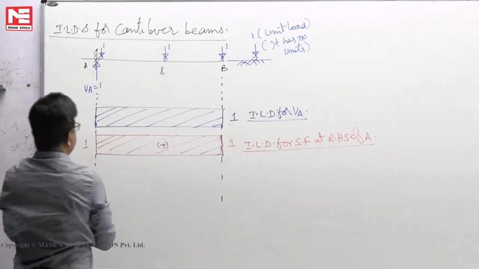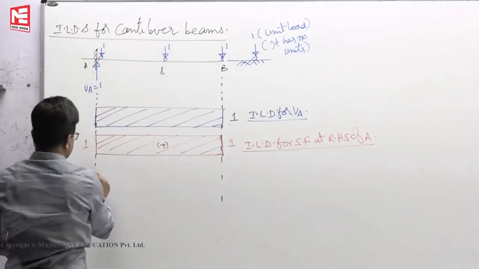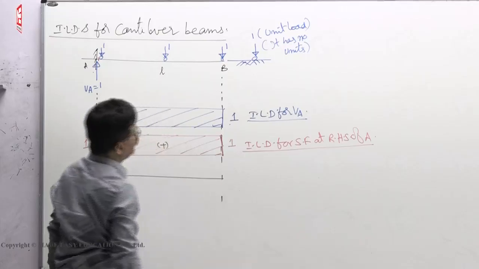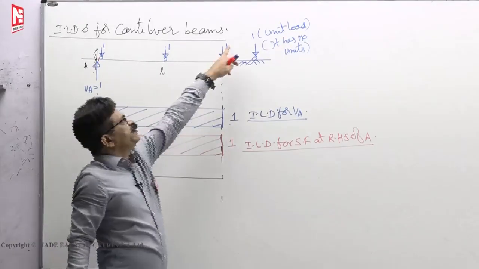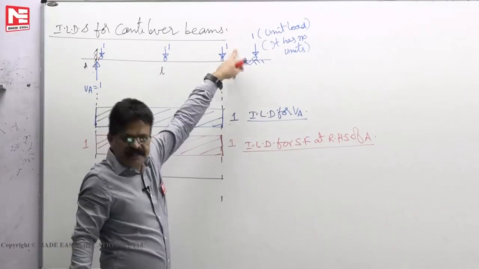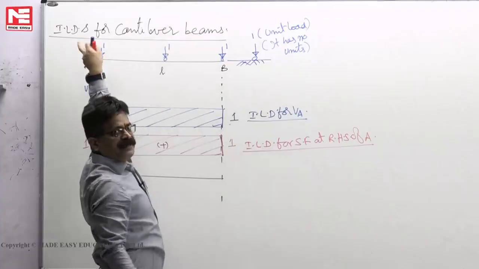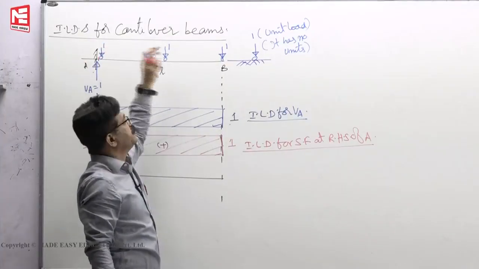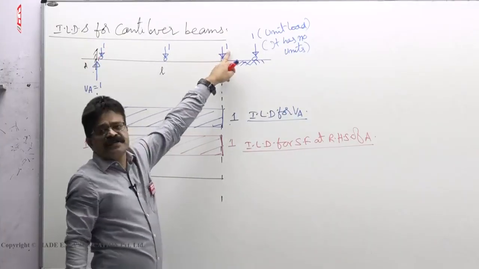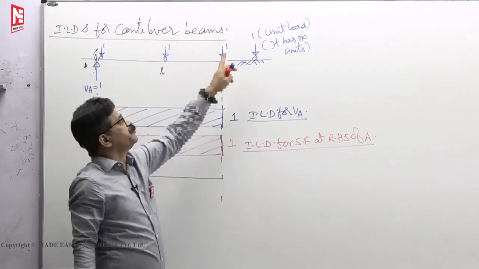Next, we want to draw ILD for bending moment at A. Reference line. When the load is here, its influence on bending moment at A is maximum. How much? Downward forces always give negative bending moment.